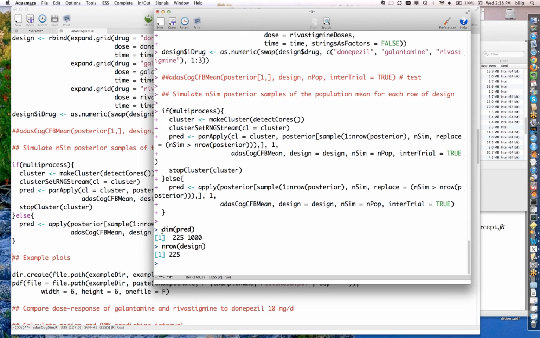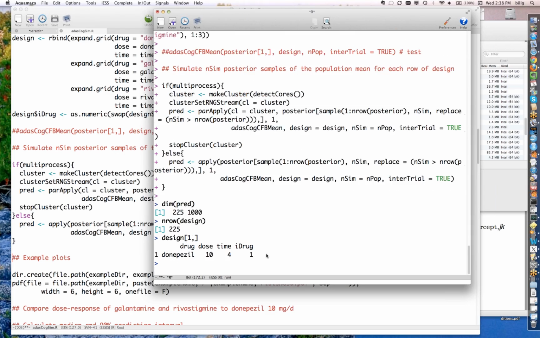So to look at a posterior distribution, you could just look across any one of those rows. For example, what is the first row of the design? Okay, the first one corresponds to donepezil 10 milligrams at 4 weeks.